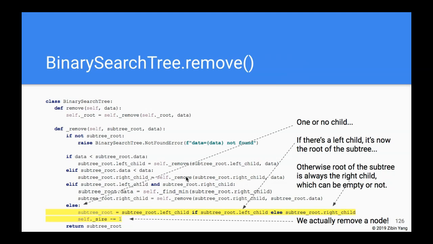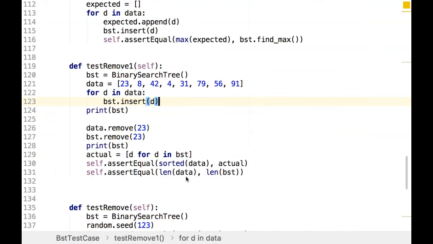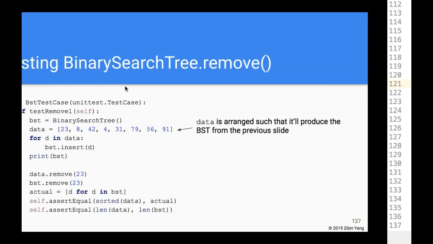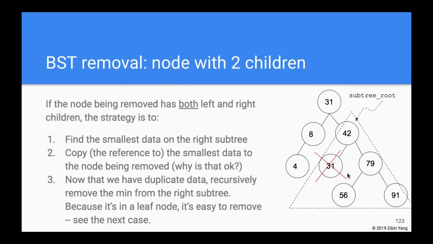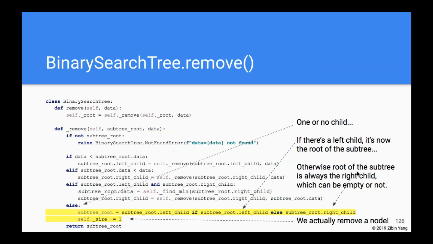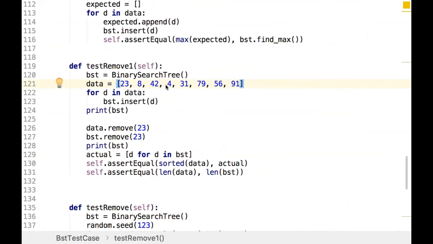So now that we have implemented remove, we should really test it. I've already written a test case, and as a matter of fact, the BST that I constructed should look exactly like the BST that I am using as an example here. Let me just quickly go over it. It's what you expect.